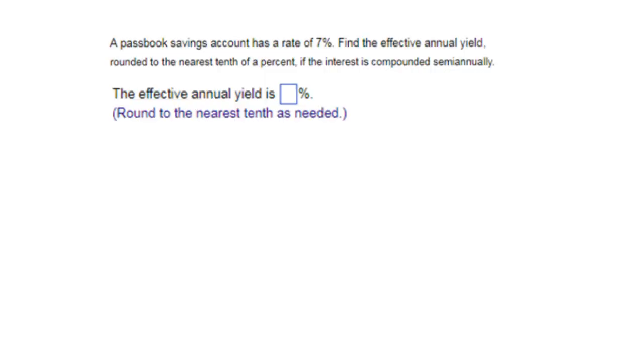A passbook savings account has a rate of 7%. So R is equal to decimal 0.07, 7/100. Find the effective annual yield. So they're telling you to find Y, rounded to the nearest tenth of a percent.